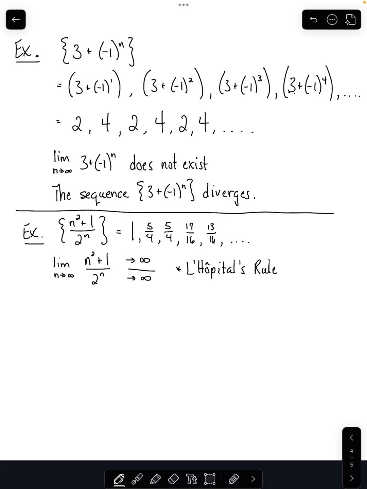So what we can do now is take the derivative of the numerator over the derivative of the denominator, and we can take the limit of those two things.